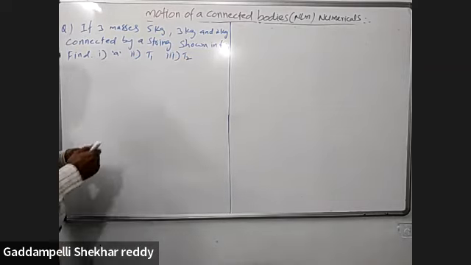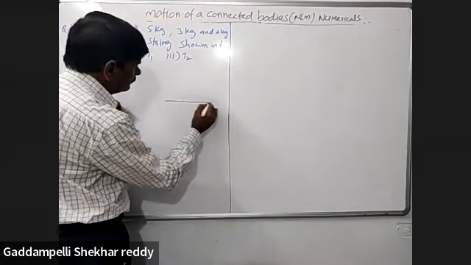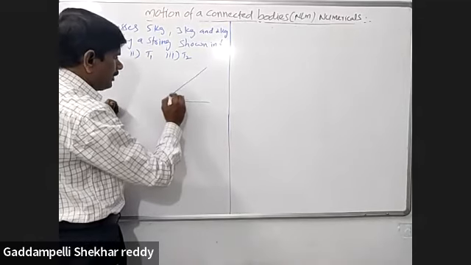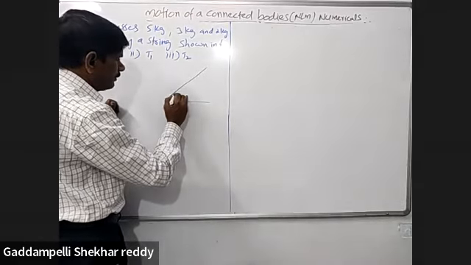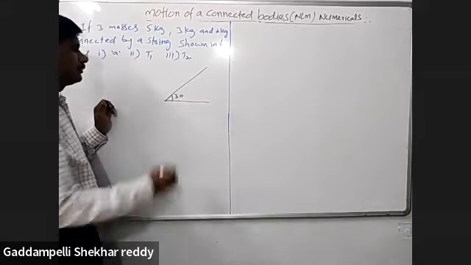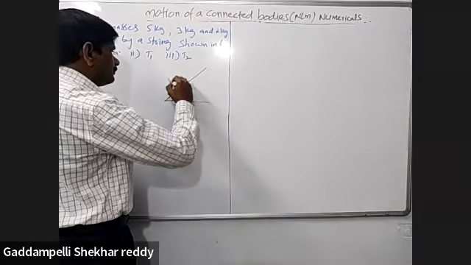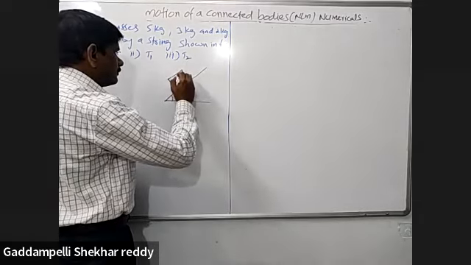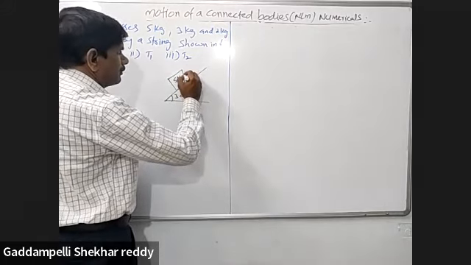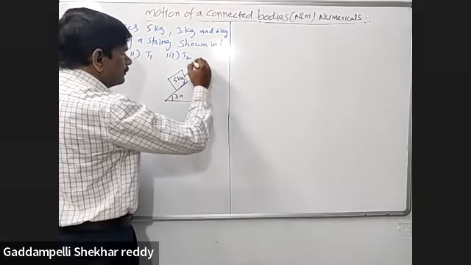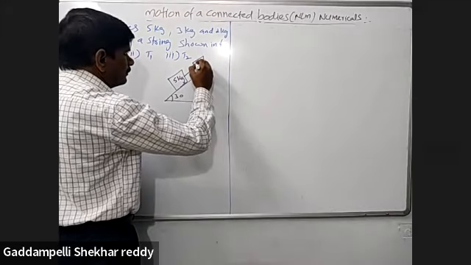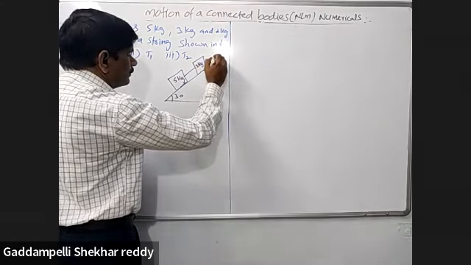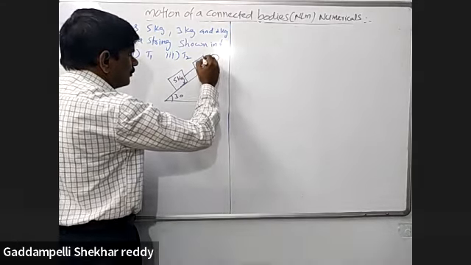So your diagram is given. Like this is a horizontal plane, and the inclined plane makes an angle theta. Theta is equal to 30 degrees. 5 kg block, 3 kg block, and the 2 kg block pulling like this.